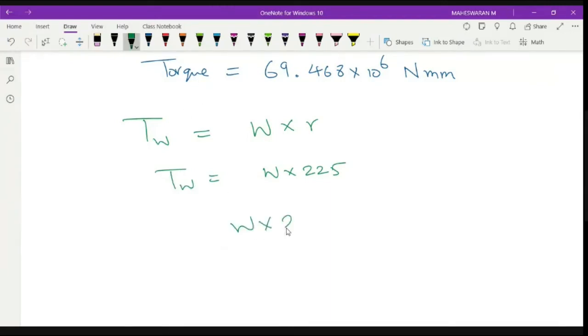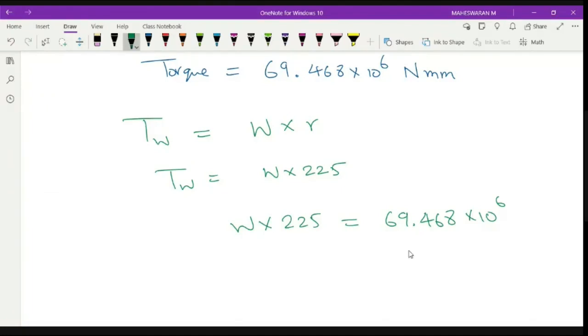So W into 225 is equal to this. Both the torques are the same. Only then can the two drums be in equilibrium, because they are attached to the same shaft.